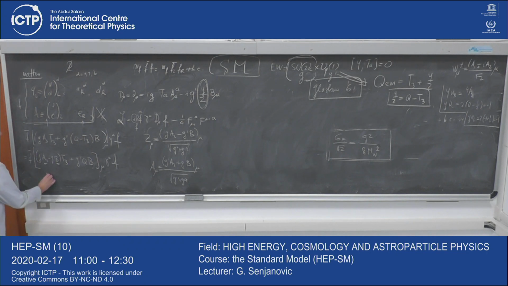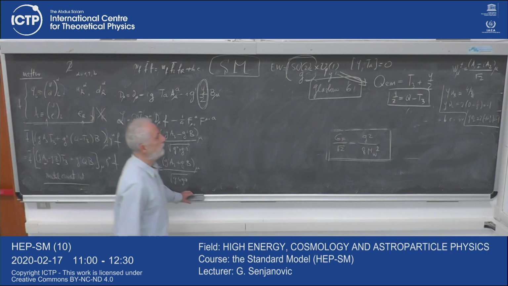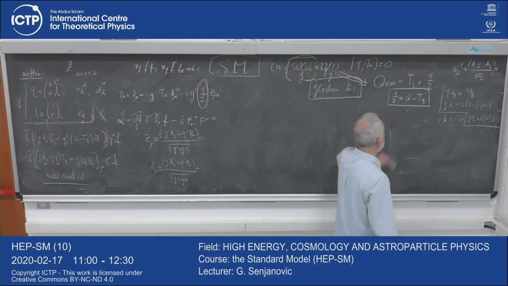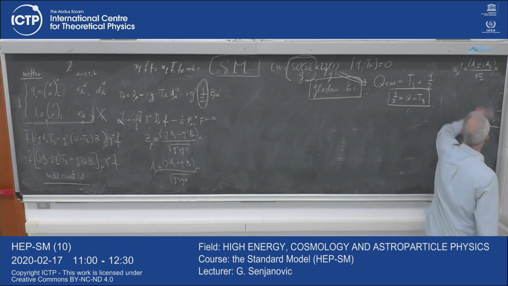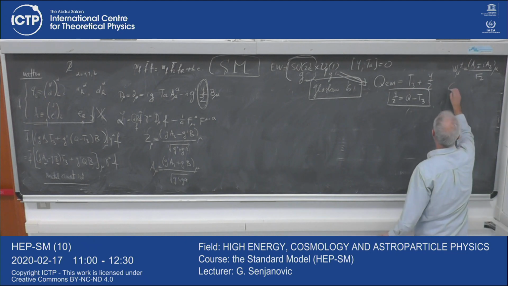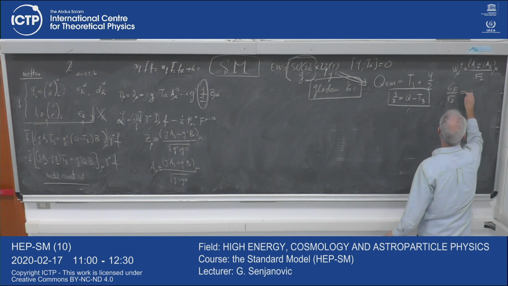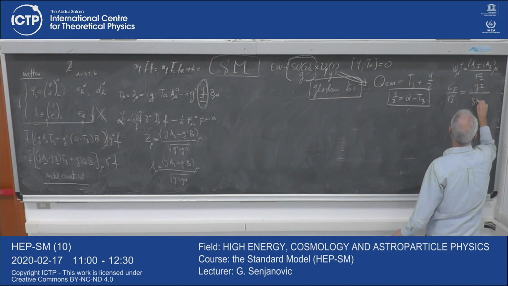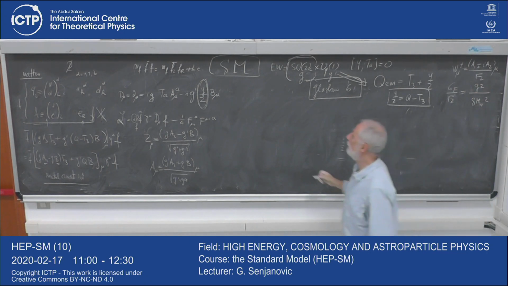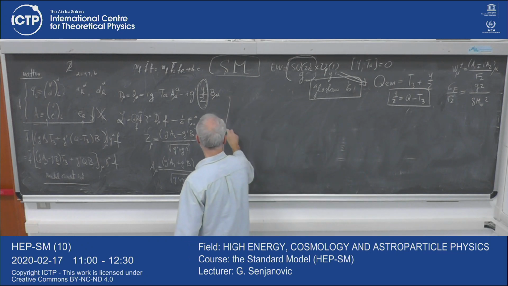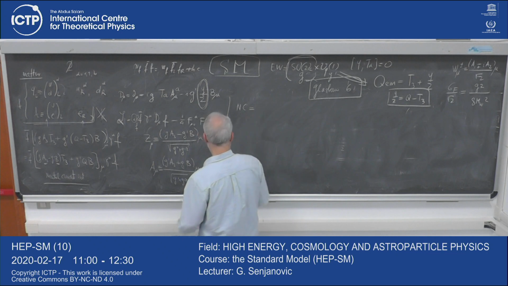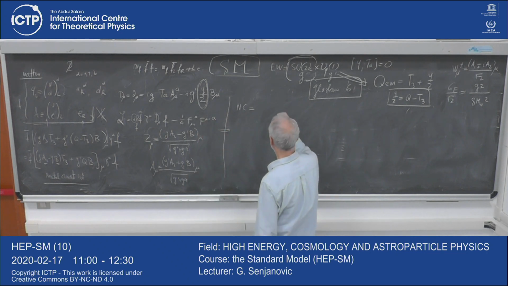This is my neutral interaction, often called neutral current interaction. Maybe we should put it somewhere else. So therefore we get the neutral current piece will be F bar.